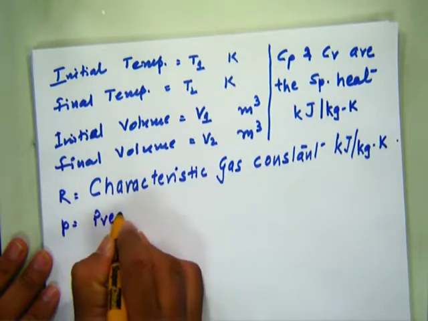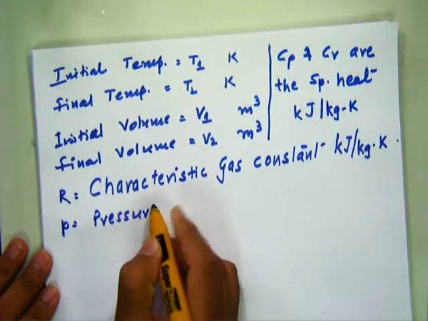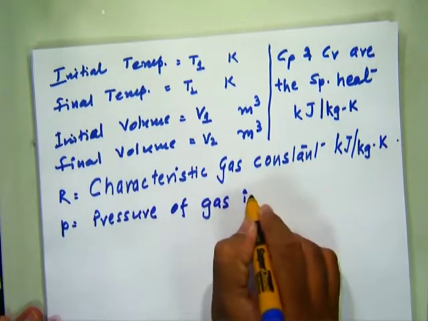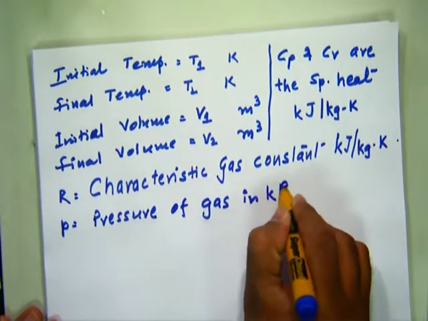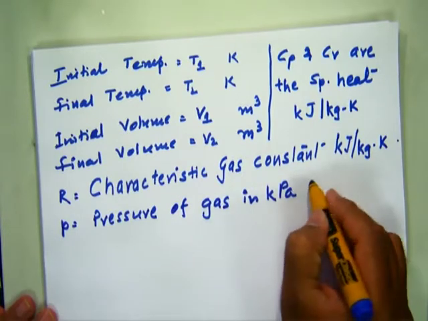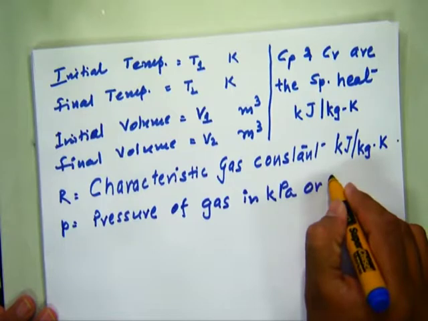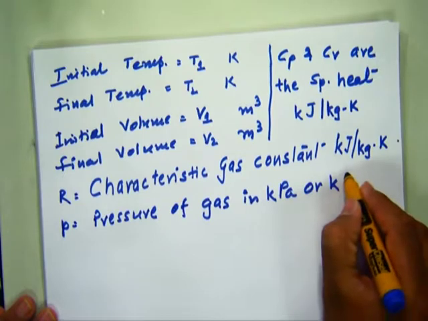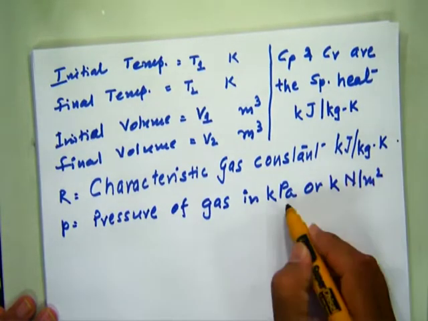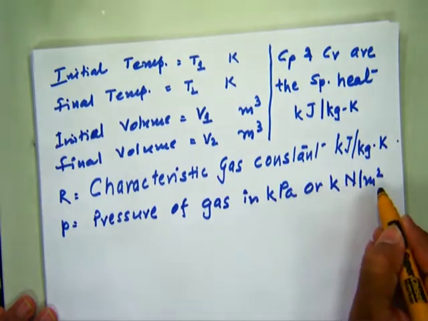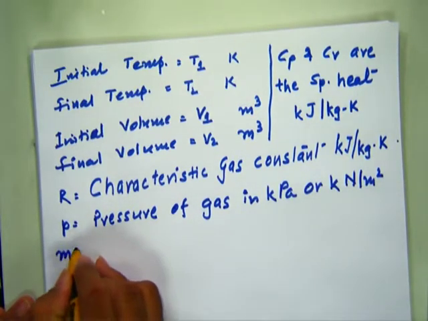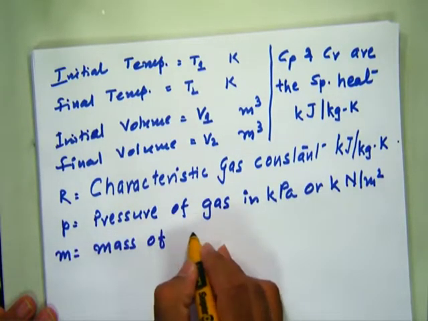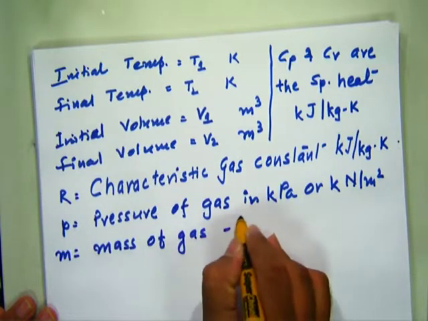P is the pressure of the gas in kilopascal, or kilo Newton per meter square. M is the mass of the gas, in kg.